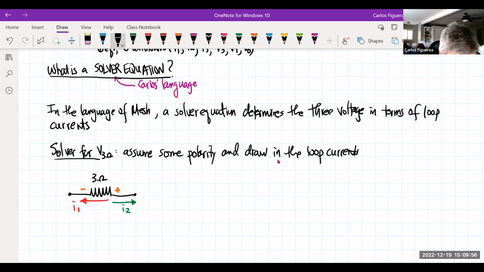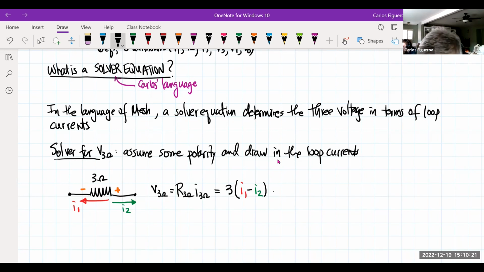Because this is a passive convention, V3 ohm has to be R3 ohm times I3 ohm. So this should be 3 times the quantity I1 minus I2.